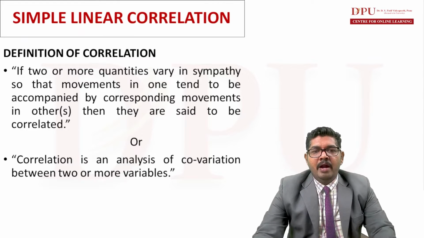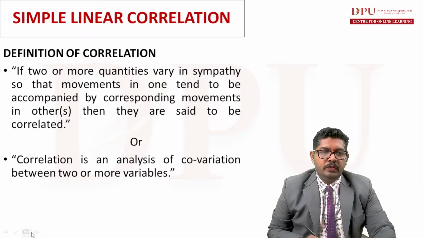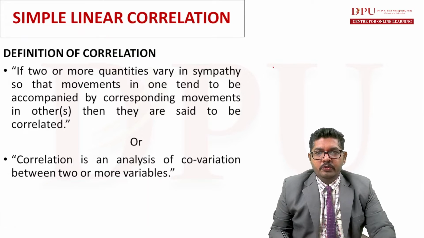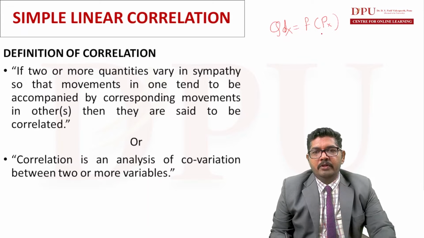For example, demand and price. So there is a famous rule all the management students learn, that the quantity demanded is inversely proportional to the price of that particular commodity, right? So quantity demanded of commodity X is a function of price of that particular commodity, and there is an inverse relationship, negative relationship.